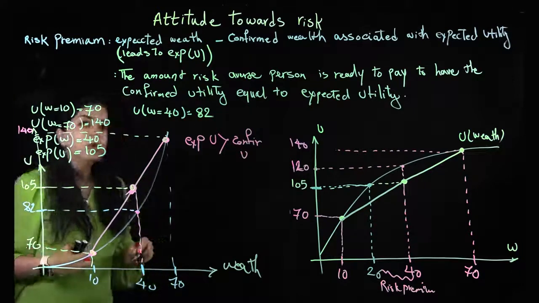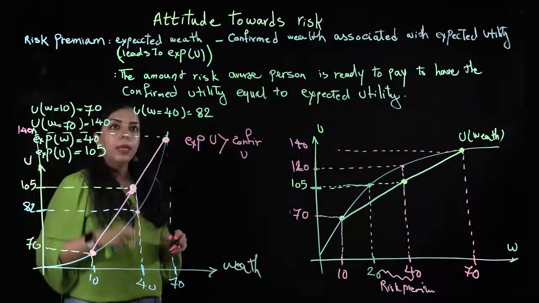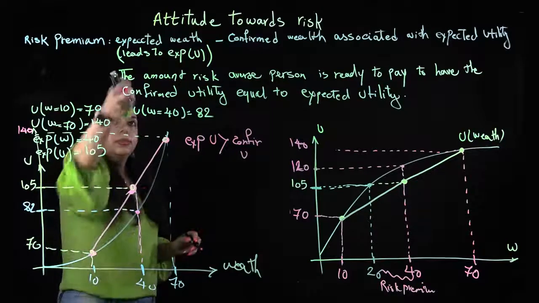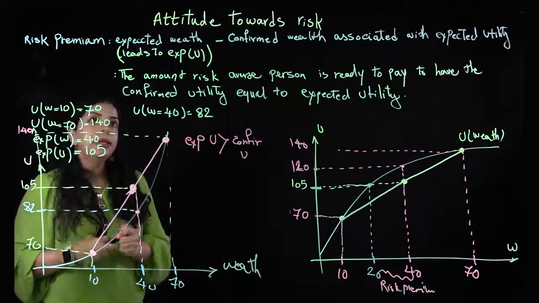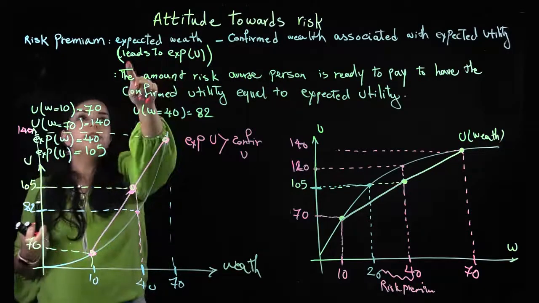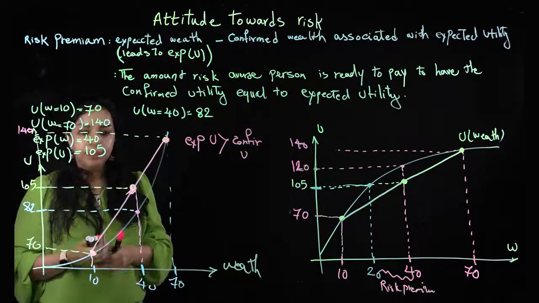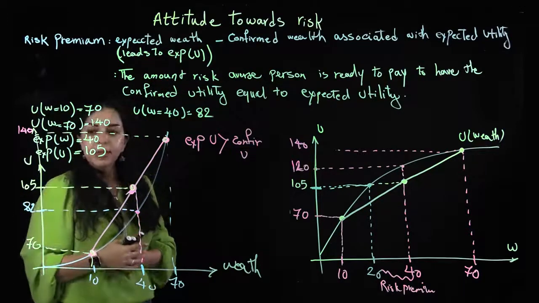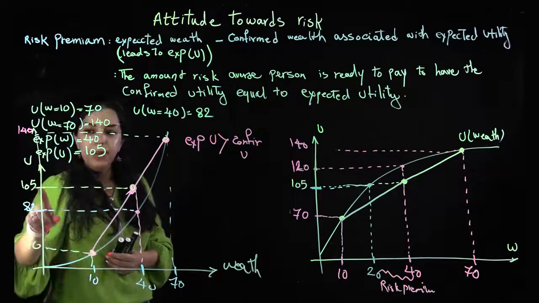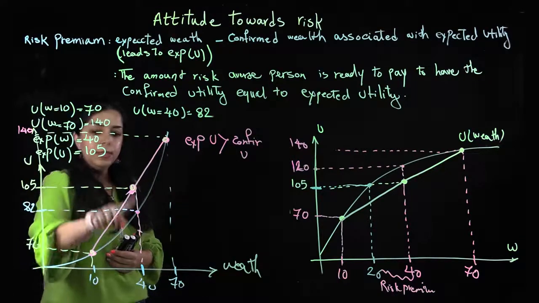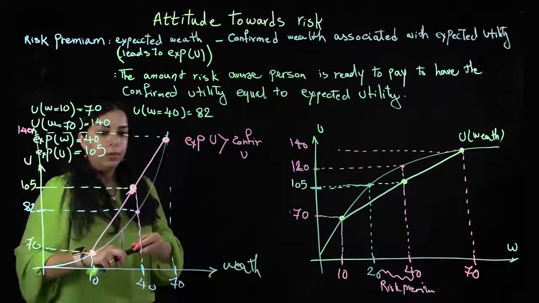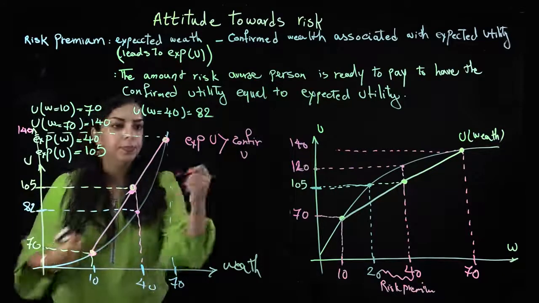In this situation, I want to calculate the risk premium. Let's put all the numbers into this formula. It says the expected wealth, which leads to expected utility. How much is the expected wealth? It is 40.